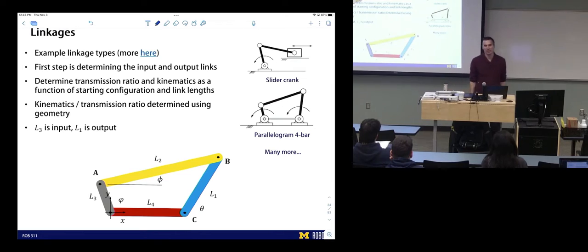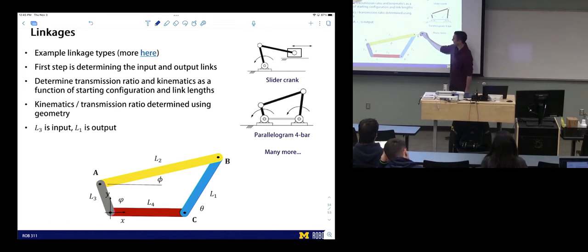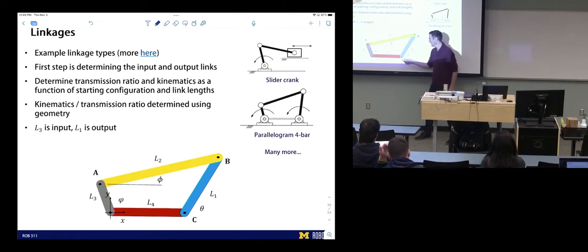So it'll change ratio. Would it still be valid to say that B was the center of rotation of your output linkage, if you defined your gear ratio that way? Since this link isn't moving, this has to rotate about there.